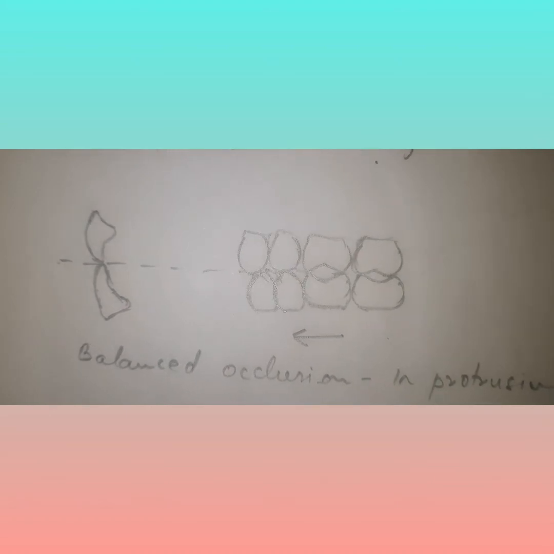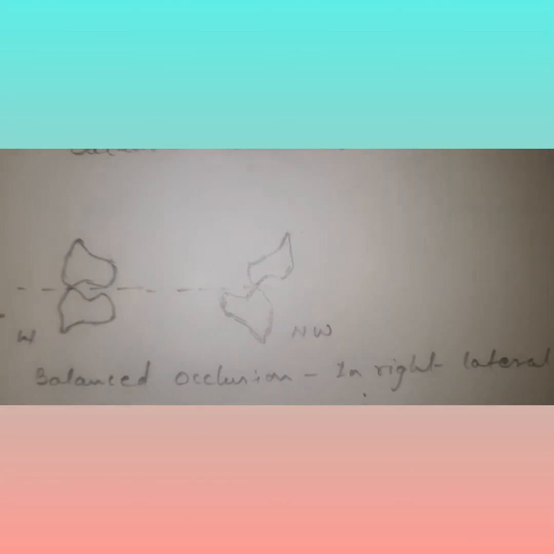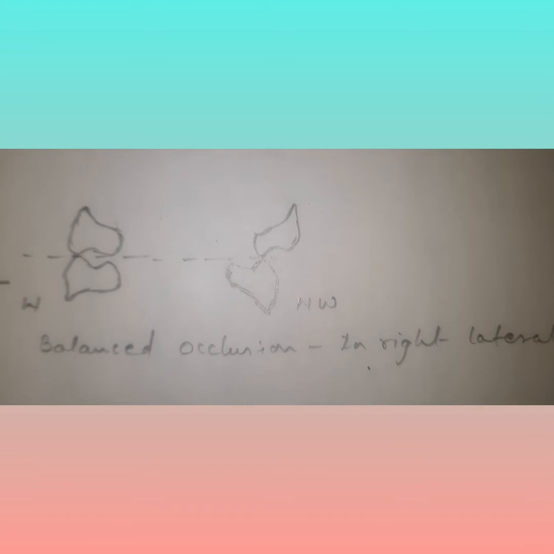Because as soon as the patient realizes that he is having good contact with the teeth, he has definitely better comfort with the prostheses. And the dentures which are not balanced tend to move during function, so that shifting or movement is eliminated when you are giving a balanced occlusion.